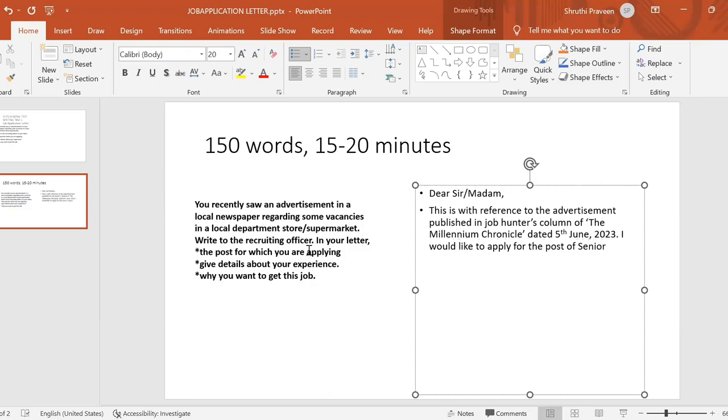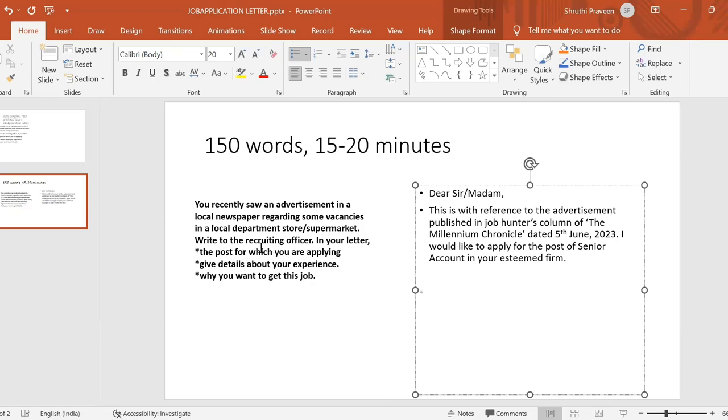Since it's a supermarket or department store, I'm going to write senior accountant. Your post should be in accordance with the department or the firm you're writing to. And you can just add one more sentence, in your esteemed firm. Okay, so my first paragraph is done.